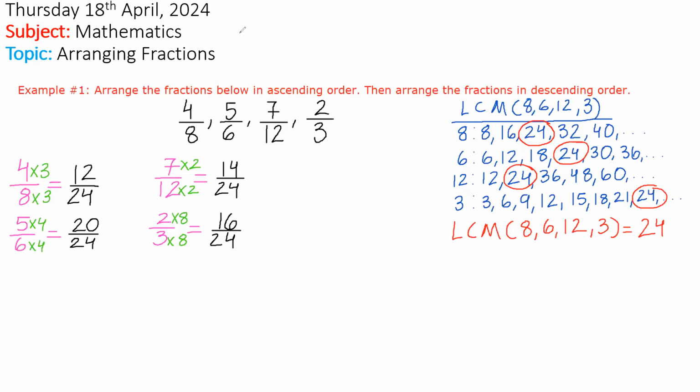So if we were to write this in ascending order first, we know ascending order means that I'm going to start from the highest and then go lower.